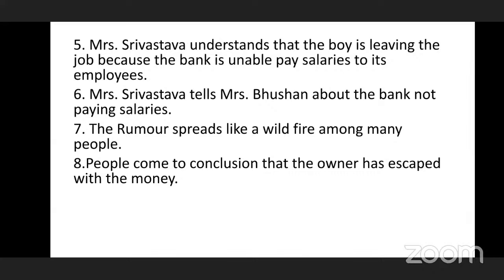His wife answers, or somebody else answers; it's not completely clear who. It is learnt that Seth Govind is not available and he is holidaying in Kashmir. So when this was known to people, they come to the conclusion that the owner has escaped with all the money. That is what the 8th point says.